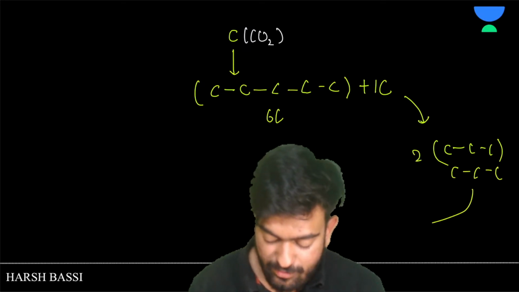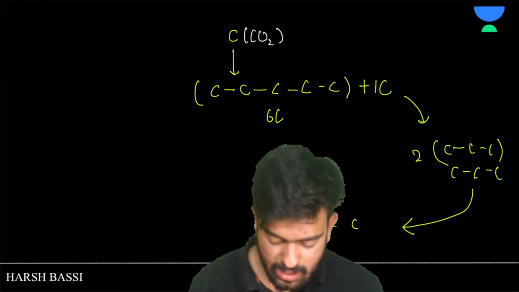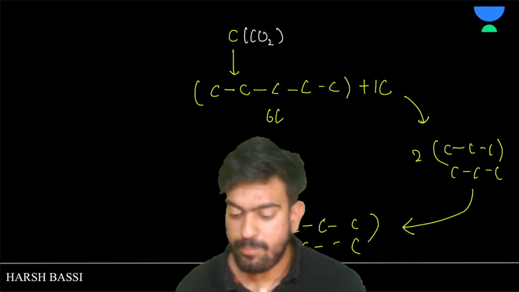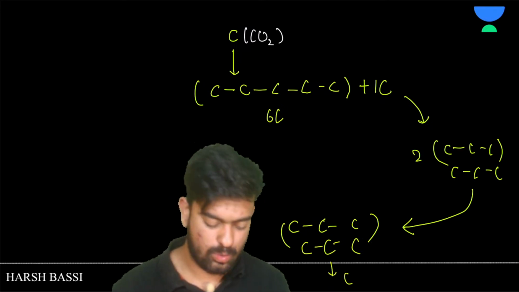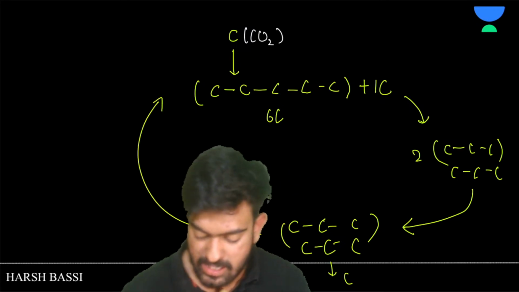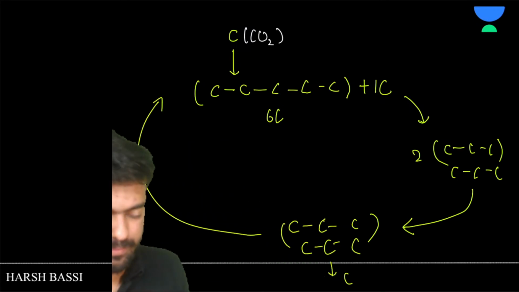Then reduction took place. Again, we had 1, 2, 3 and 1, 2, 3 carbon. From here, we gave 1 carbon to glucose, and the rest 5 carbon is given back. Clear?